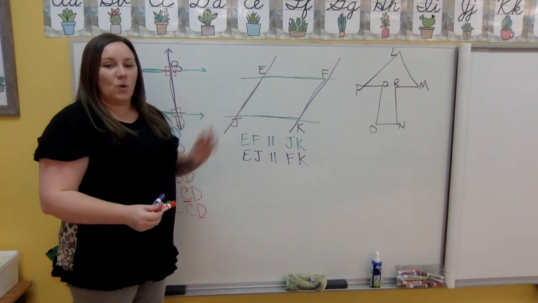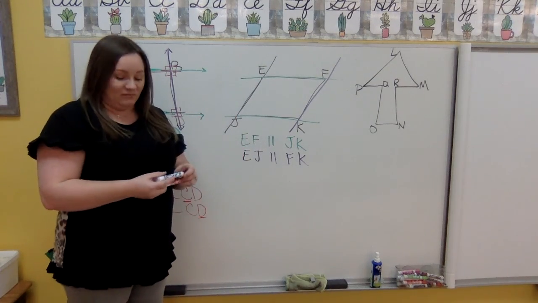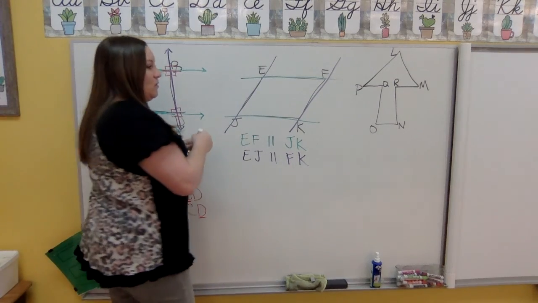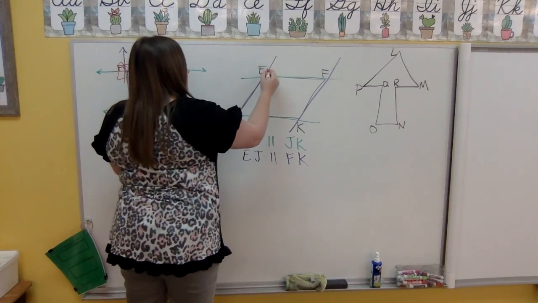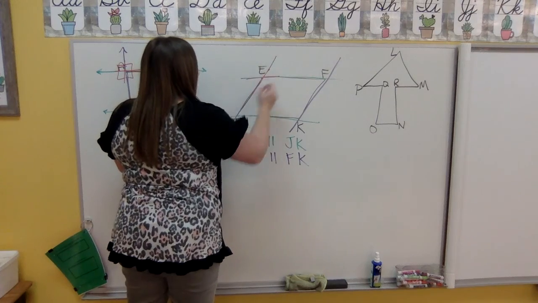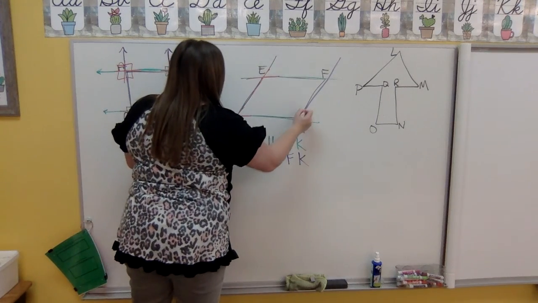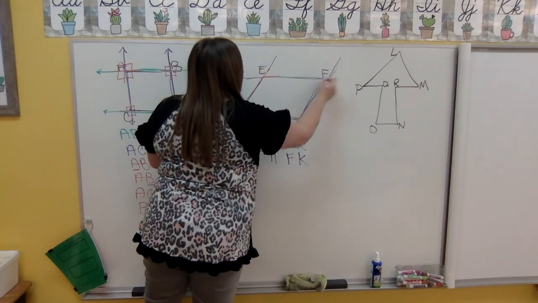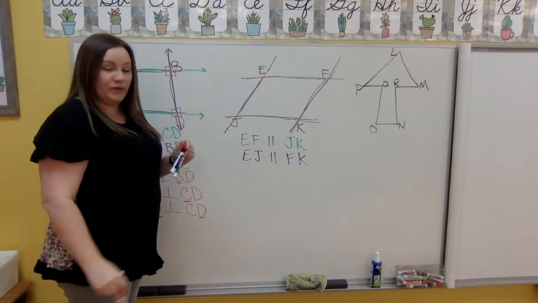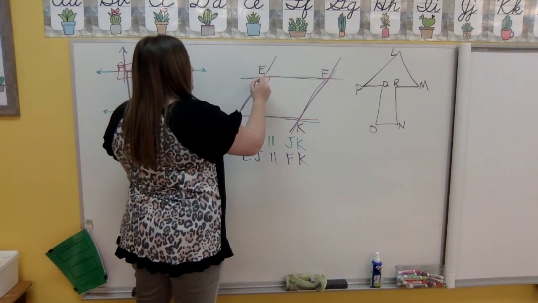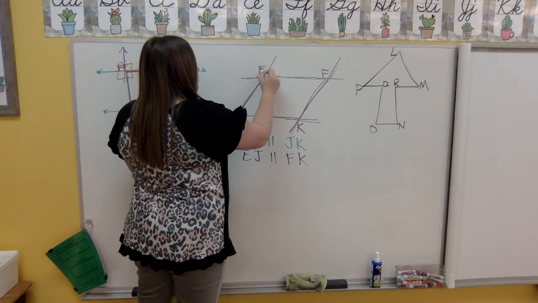Do any of these corners make a 90-degree angle? So we've got 4 corners here. They cross each other in all 4 corners, but do they make a square? No, they don't. They make obtuse and acute angles.